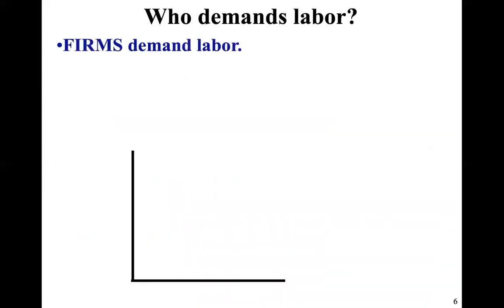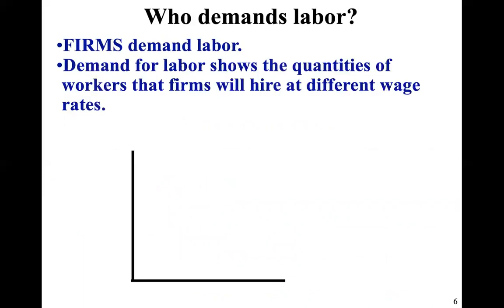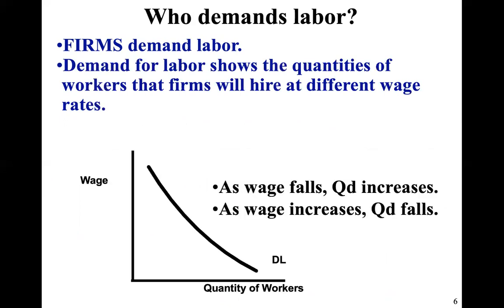So what is this actually going to look like in the graph? The graph for this unit is going to be relatively easy. We're going to draw good old-fashioned supply and demand. Like I've been emphasizing a few times over and over again, the firms are the ones doing the demanding of the labor, okay? And we can derive a demand curve showing the inverse relationship and all the different quantities that firms are willing and able to pay in terms of at different wages.